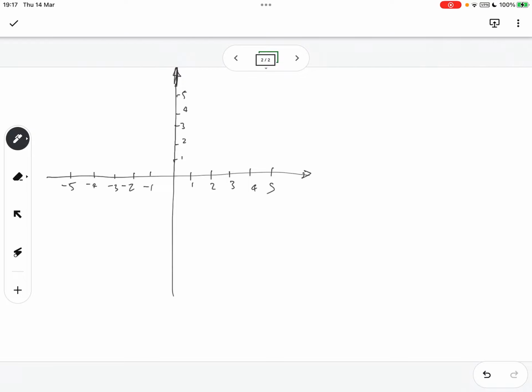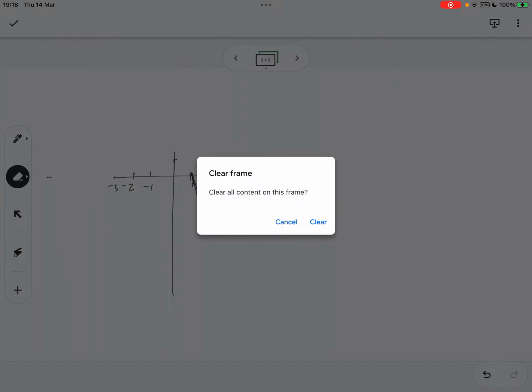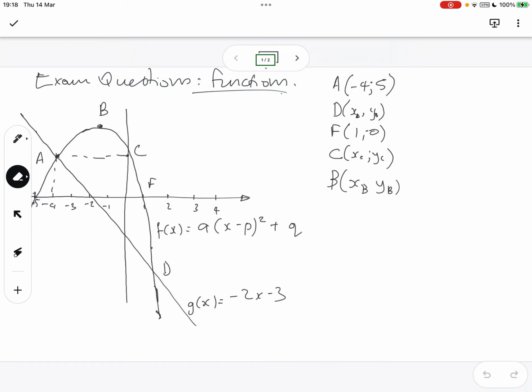So what we do know is that at the point (1, 0) we have an x-intercept for our parabola. We don't know what E is. Let me rather erase everything.